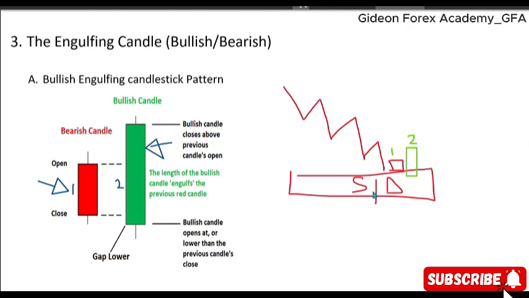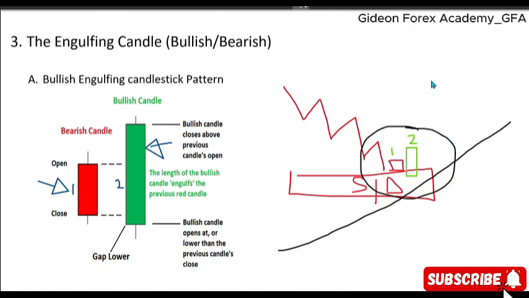Now when this forms here at a support or demand zone, and let's say you also have a trend line passing through here, that's another confluence adding on to this pattern. So you would consider buying at the close of this bullish candle to continue the trend to the upside.